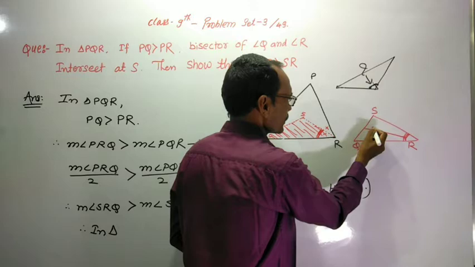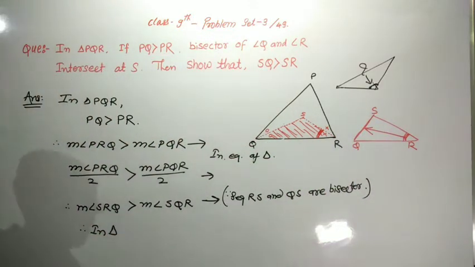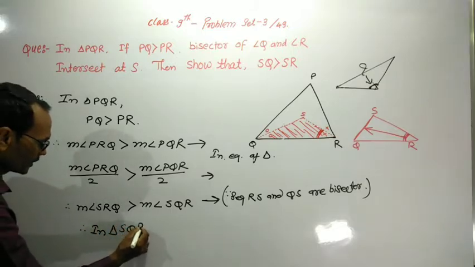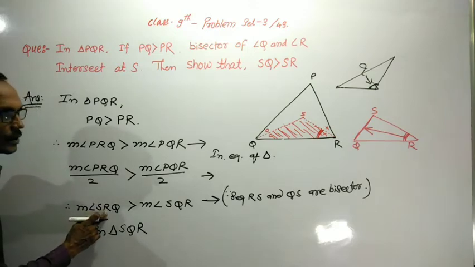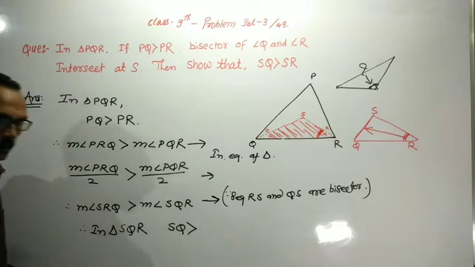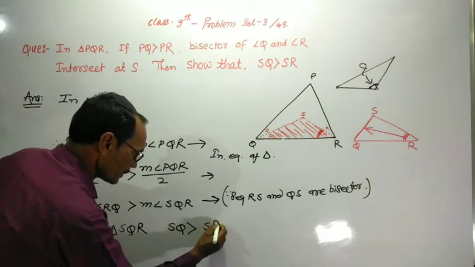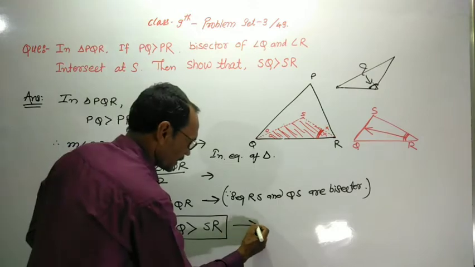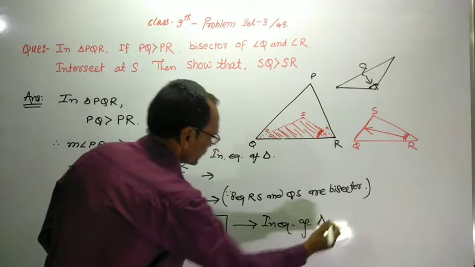Therefore, the side opposite to it is greater. In triangle SQR, side opposite to SRQ is SQ, which is greater than side SR. This is the proof or answer, and the reason is inequality of triangle. This is the theorem.